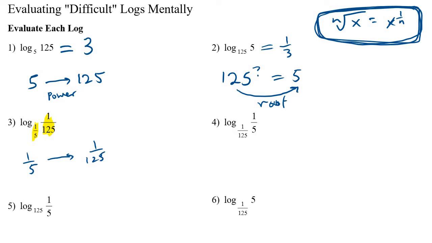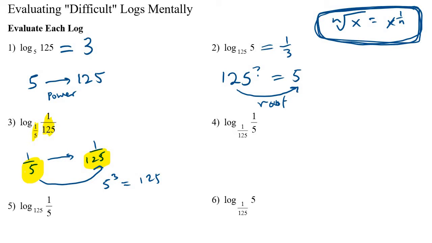If I focus only on the numbers down here, just the 5 and 125, and disregard the 1 for right now, I know I'm going to have to go from smaller to bigger, just the denominator alone. So I need some power that is more than 1. So 5 cubed will get me to 125.